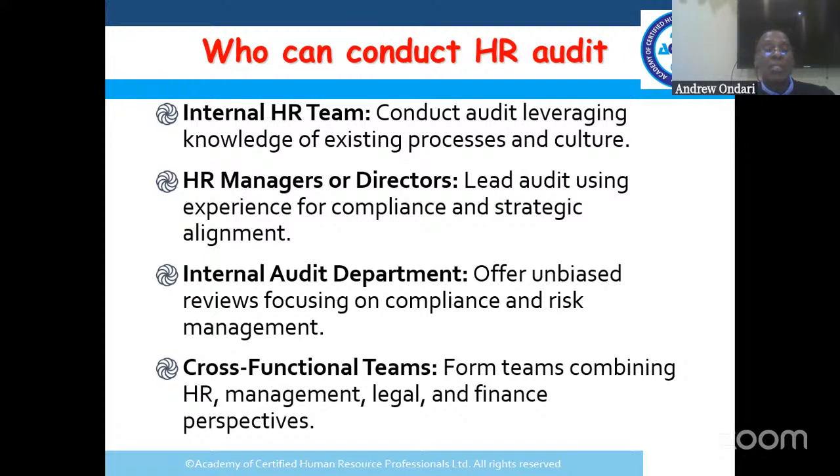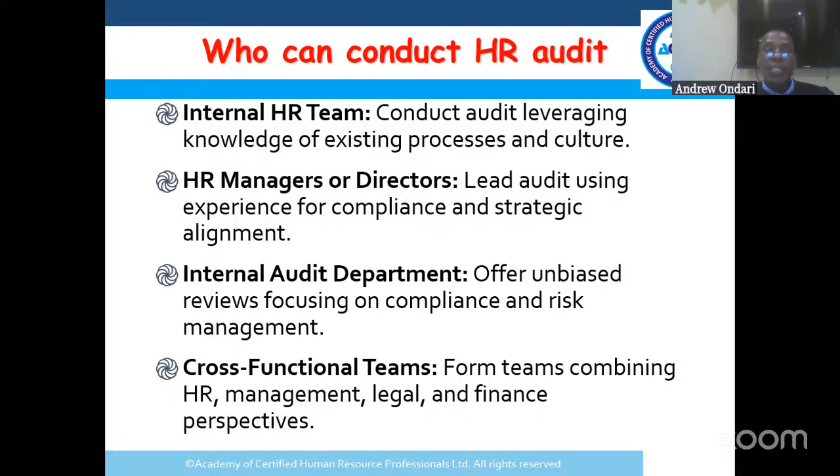Secondly, if need be, you can take them for trainings, especially training for non-HR managers, so that they can also become aware of what aspects of HR can be audited.